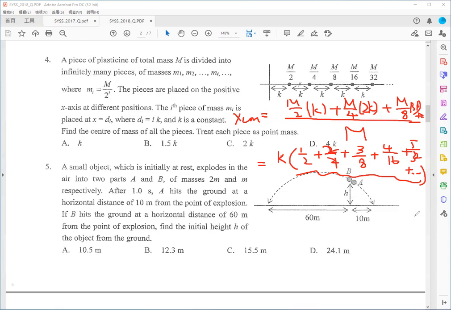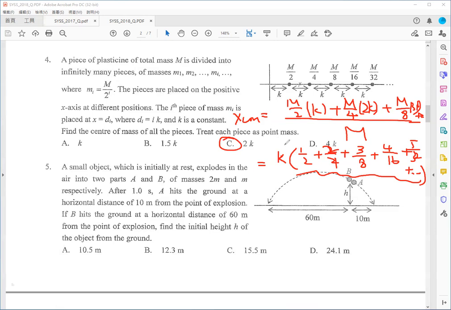I just add up to 7 divided by 128 and I get around 1.9 something. Then I think you choose the answer C. At least I hope you can make use of your calculator to get the answer.